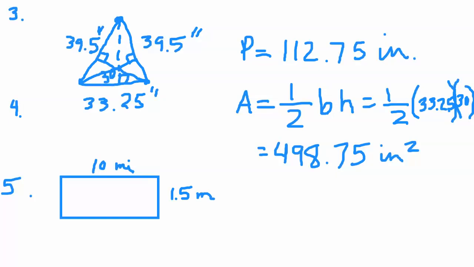Okay, to find the area of a rectangle or parallelogram, you're just taking the base times the height. Notice it's very similar to the area of a triangle up here, which is just a half times base times height.